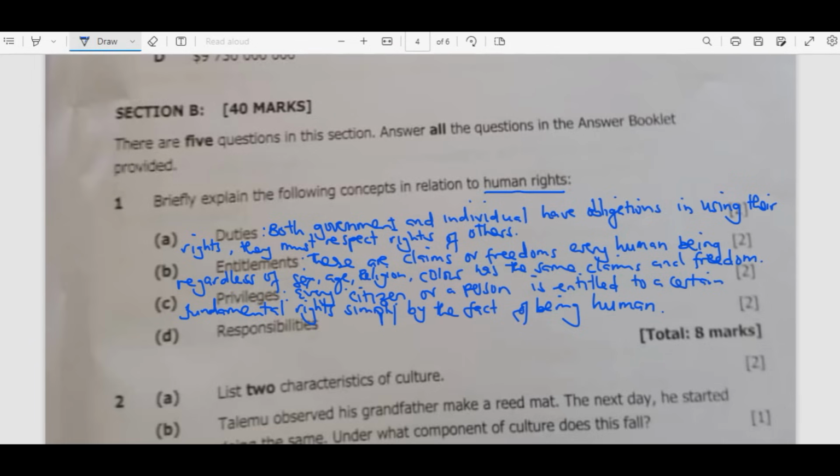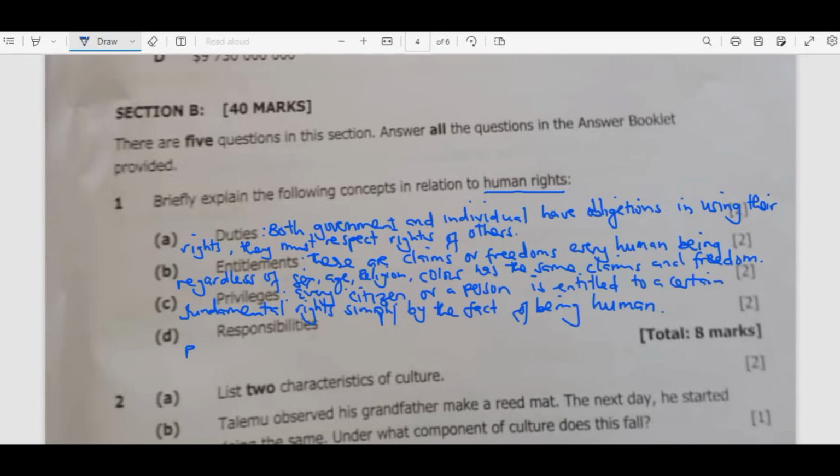So a sound citizen has to have responsibilities. So these responsibilities, when a person executes them properly, we are saying that that person is patriotic, or the person is loyal.